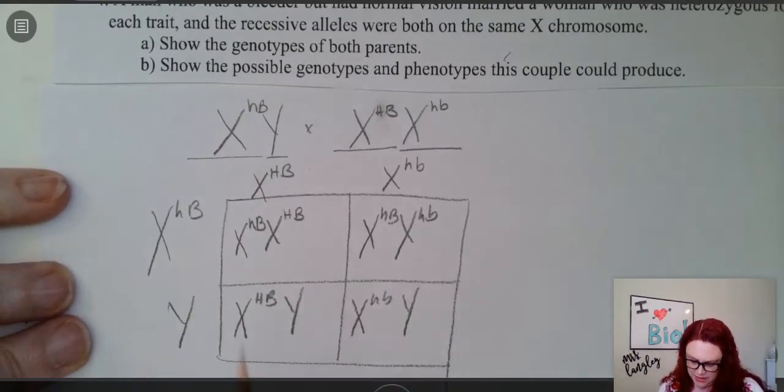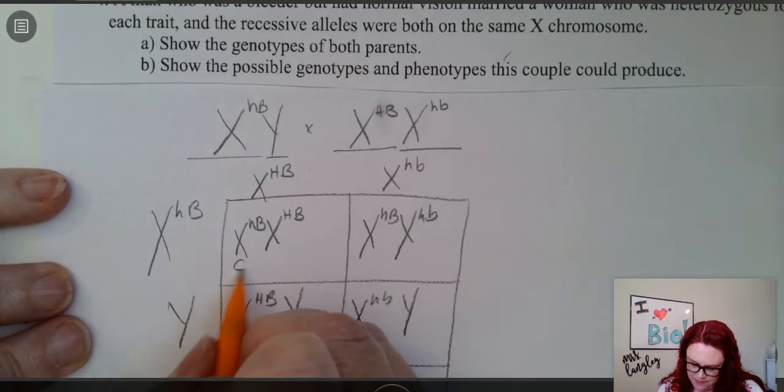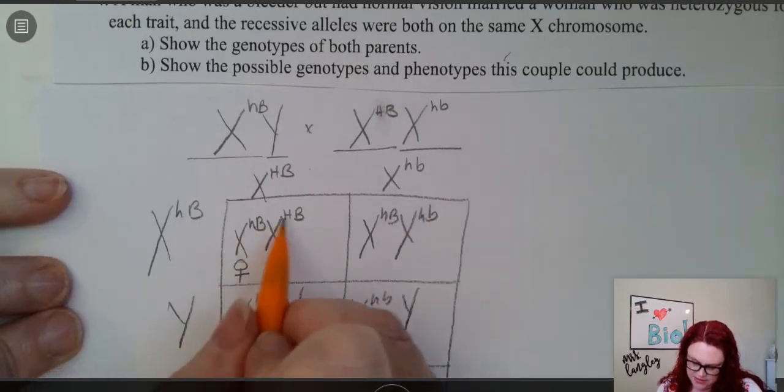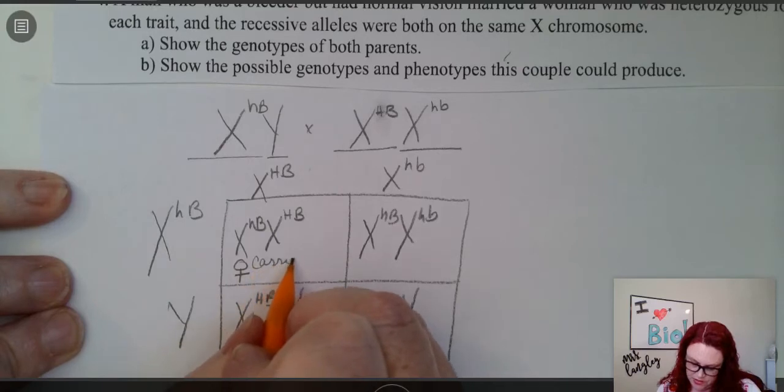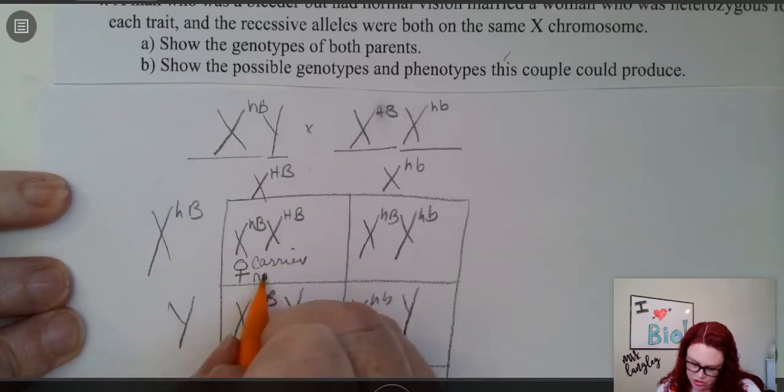And then I can look at the boxes, X and X, that means female. This does not have hemophilia, but is a carrier and has normal vision.